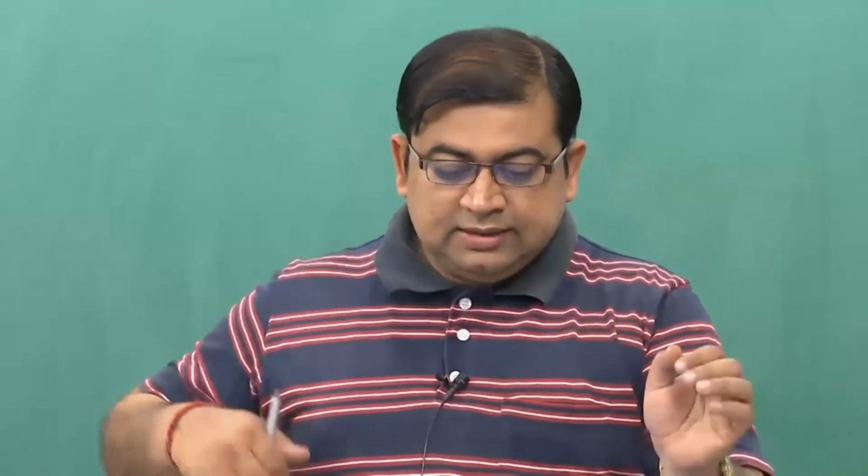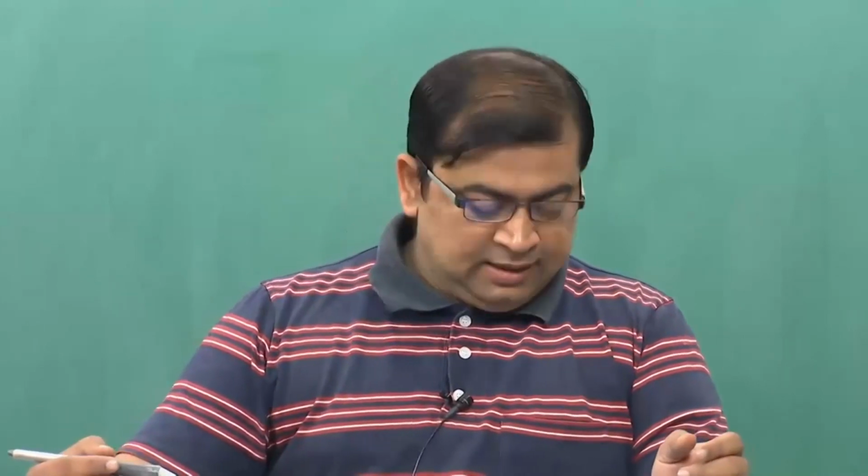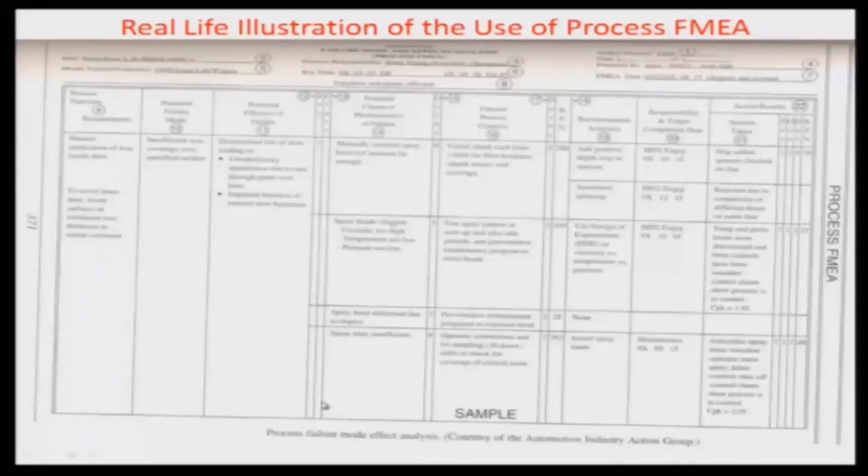So what I'm going to do here is to look at this particular FMEA sheet, which you can see here in this particular slide. And we are going to understand this by some diagrammatic representation, which I am going to draw in the next slide, diagrams to understand the FMEA chart.